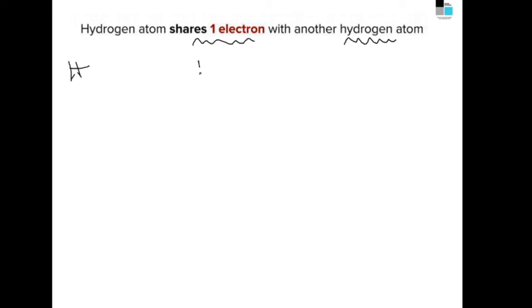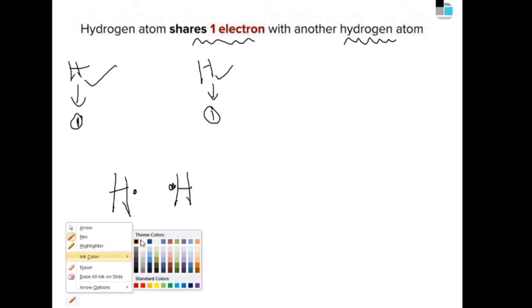Both of these hydrogen atoms require one more electron to have two electrons. Hydrogen's electronic configuration is 1, so in its outermost shell it has one electron, and we draw only one dot like this. The next hydrogen also has one electron in its outermost shell, so we draw just one dot like this.